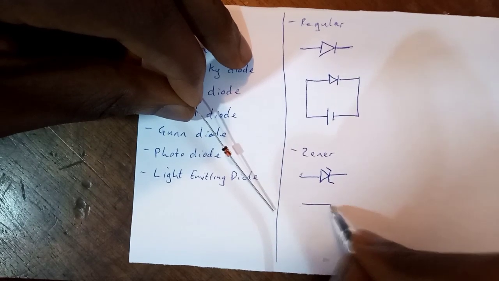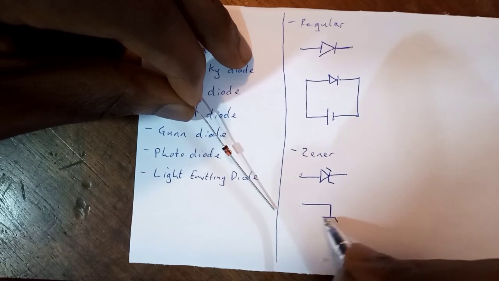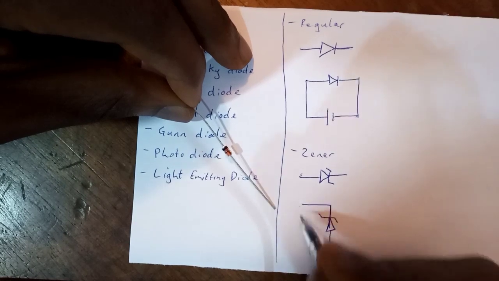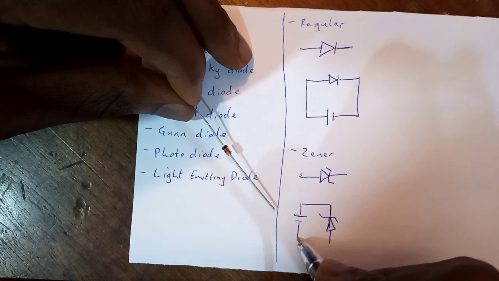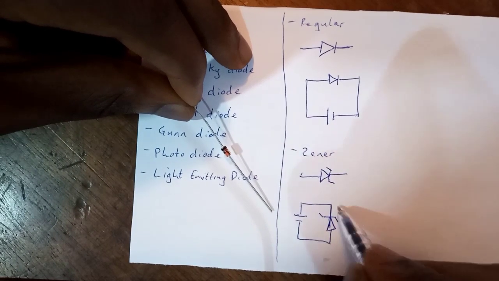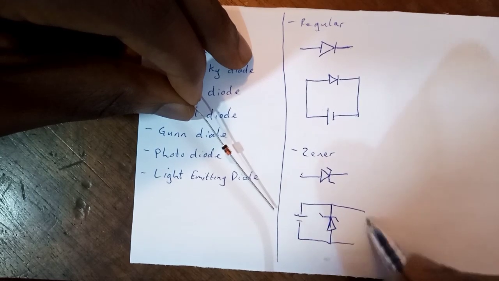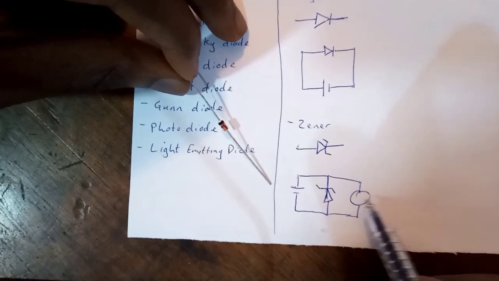So this is how it's connected in a circuit, always reverse biased. So the battery here, positive connected to cathode, negative connected to anode. Then say you have your load here.